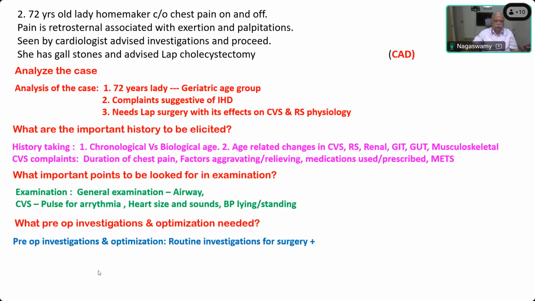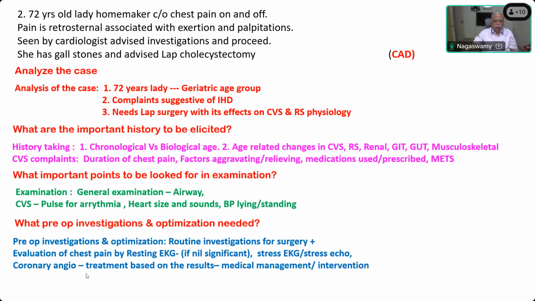Okay? So, preoperative investigations and optimization. What are the routine investigations you do for surgery? Then evaluation of chest by ECG and resting ECG. If nil significant, then go for stress ECG or stress echo.